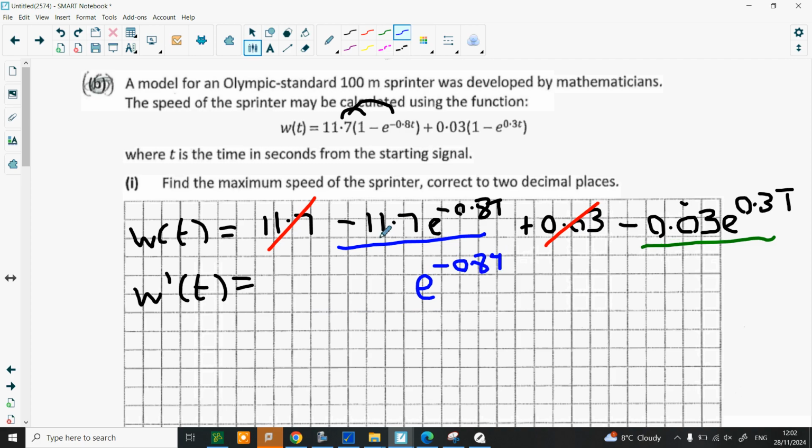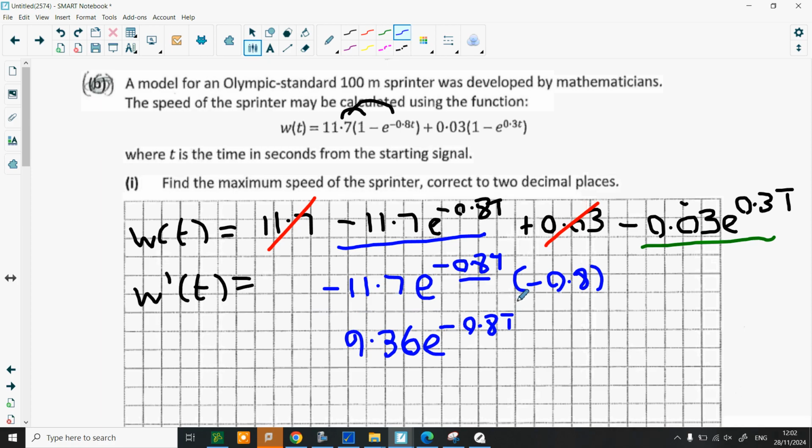A regular number just goes straight through. Differentiate the power, and what do I get? Once I differentiate this power, minus 0.08. What's 0.8 times 11.7? 9.36. Happy days. I saw some epic battles in this one, but they weren't really necessary.